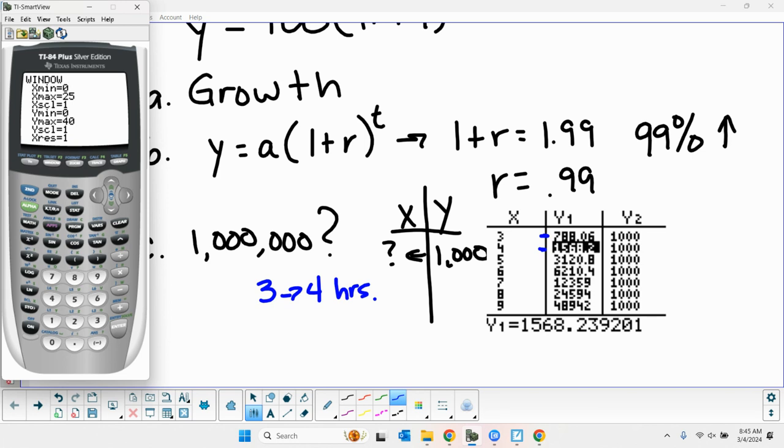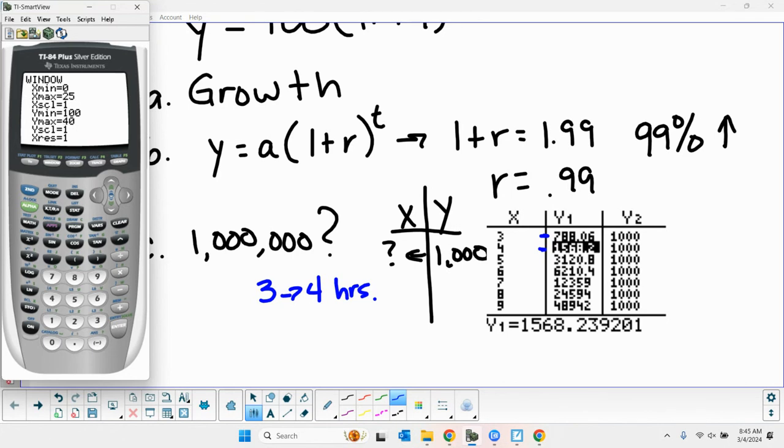And we'll just start at 0 hours, and 25 should be fine. 25 hours, and we'll go by ones. And y min, let's start at 100. Oops, not 1,000, sorry. Because that's where we started.